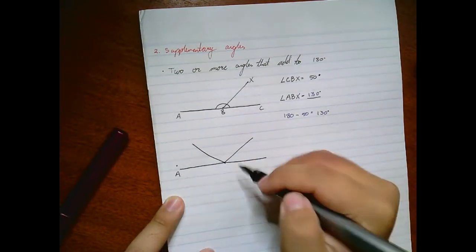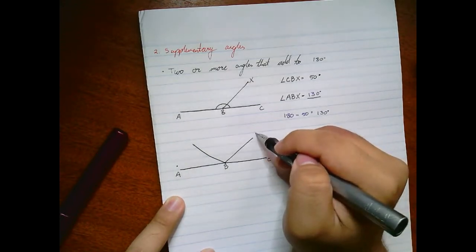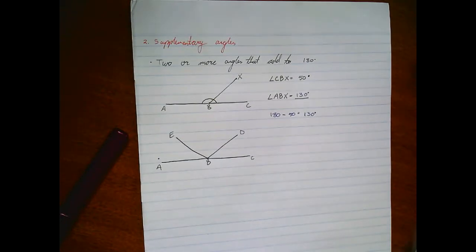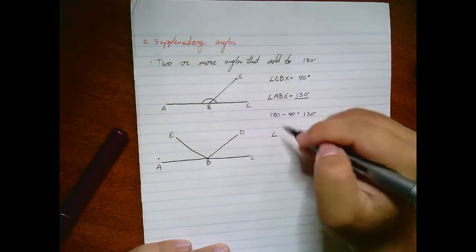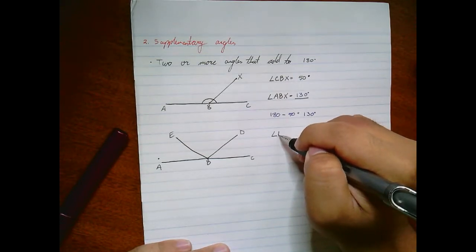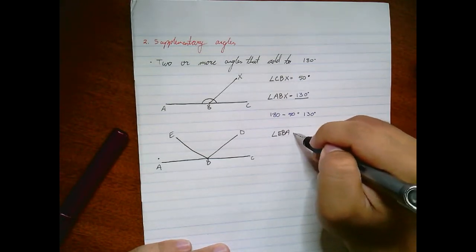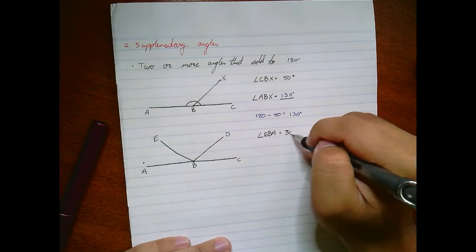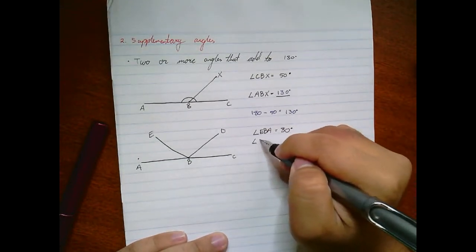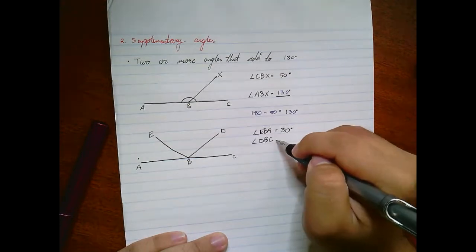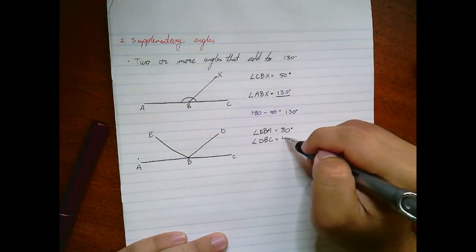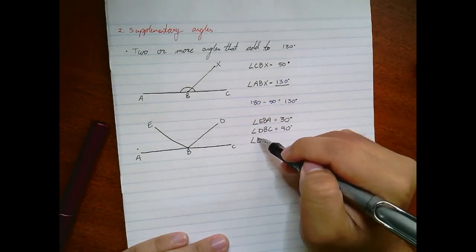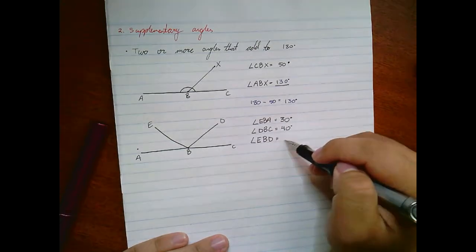So that is angle A, B, C, D, E. If I told you that angle EBA is equal to, that looks about 30 degrees, angle DBC is equal to 40 degrees, what is angle EBD equal to?